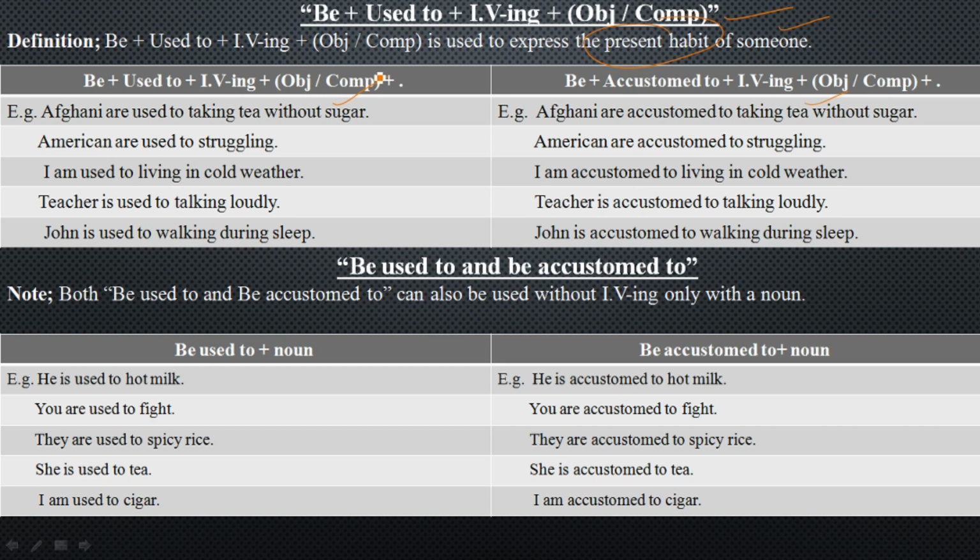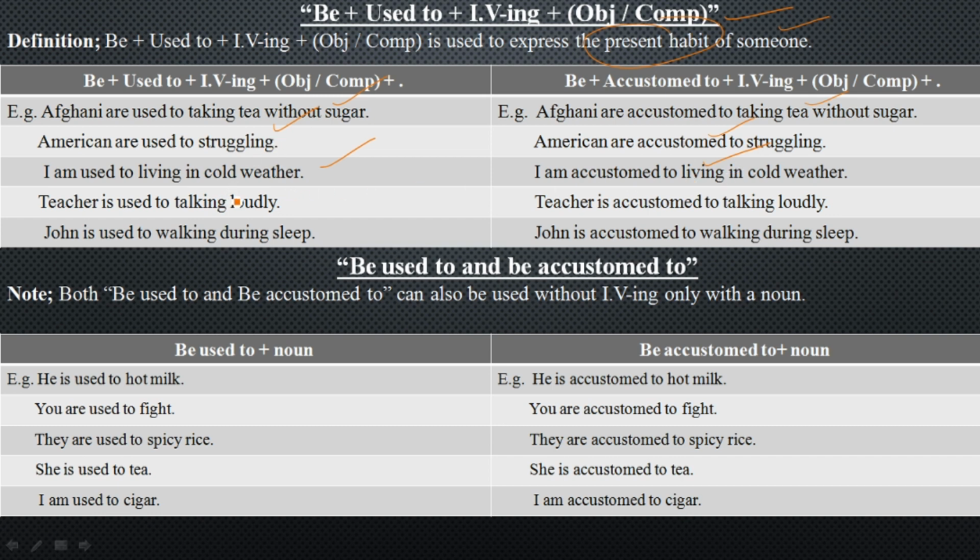Here we talk about the habit of someone in present. I say American are used to struggling, and American are accustomed to struggling. I am used to living in cold weather. I am accustomed to living in cold weather.